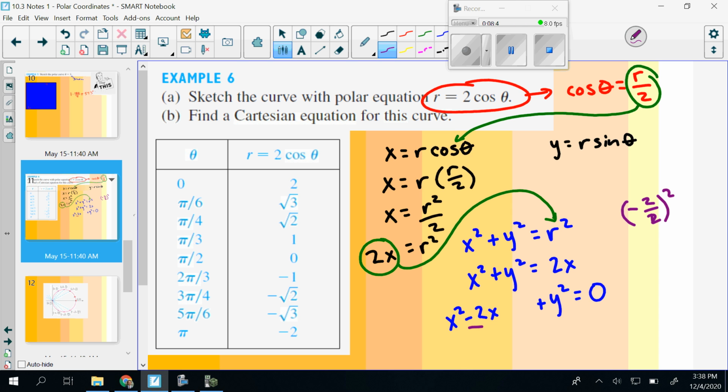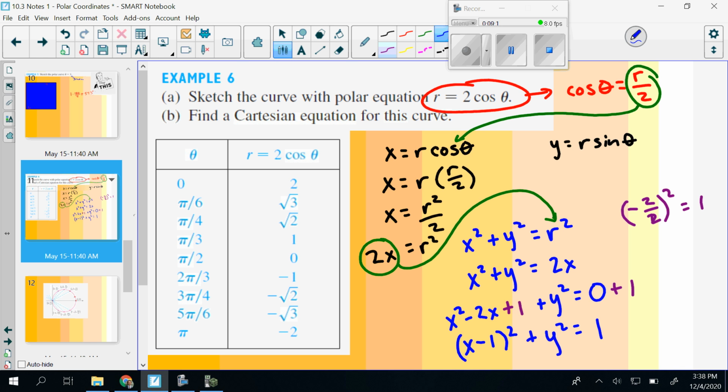So we get negative 1 squared, which would be positive 1. So we're going to add a positive 1 to both sides to complete that square. So now what this ends up being is x minus 1 times x minus 1, or another way of writing that is just x minus 1 squared plus y squared equals 1.